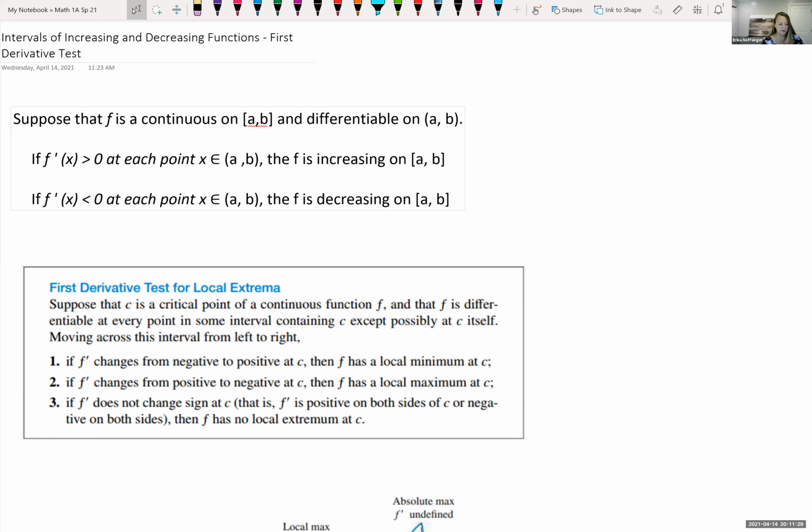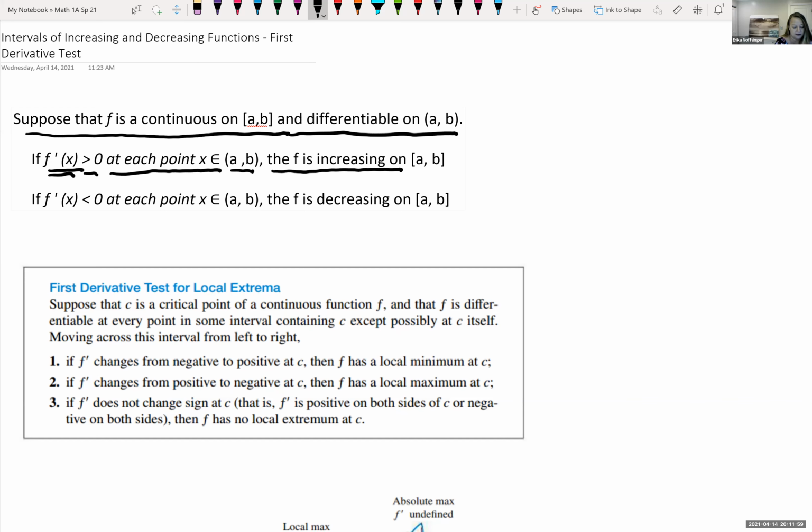So first thing, and we've already kind of looked at this before in the past, remember the derivative is telling us about the slope, the rate of change of our function f. And so we want to suppose that f is continuous on a closed interval [a,b], and it's differentiable on that open interval (a,b). We know that if our derivative is greater than 0 at each x value contained in our open interval (a,b), then our function has to be increasing on this interval.